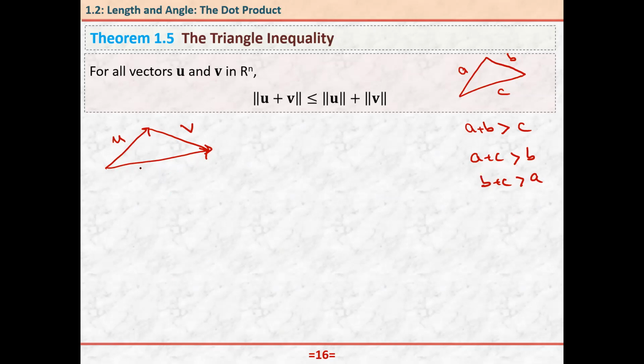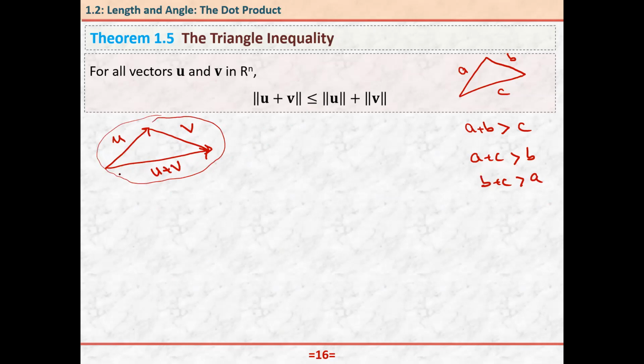And what is the length of this vector? That is the norm of U plus V, right? So here we are saying that the length of U plus V is less than or equal to the sum of the norms of U and V. We are forming a triangle. That's why it is called the triangle inequality.